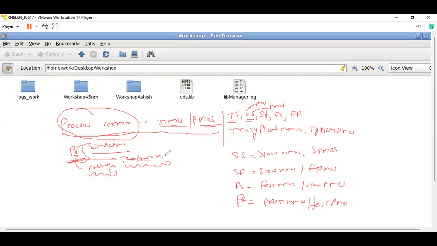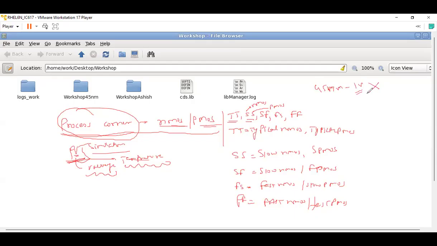Whenever you create a circuit, I'm repeating, whether analog or digital, and you have got some power results or delay results, these results are not enough. For example, I'm working on 45 nanometer. If I have got results at 1 volt for 45 nanometer, that is not enough; industry will not accept it.